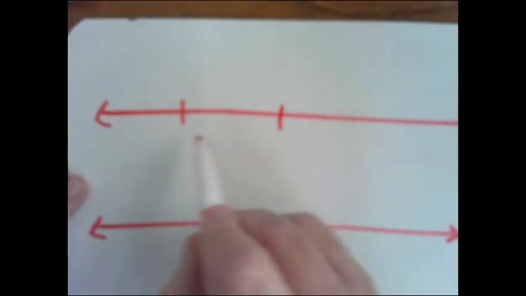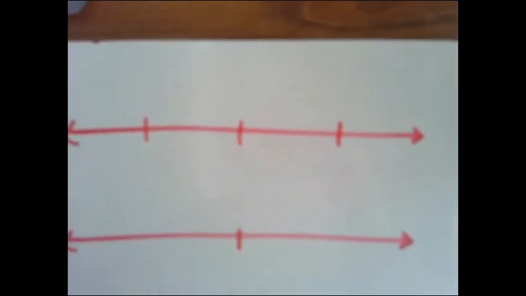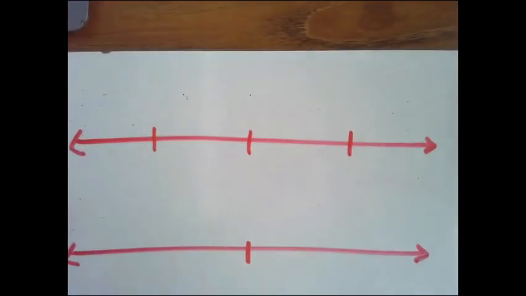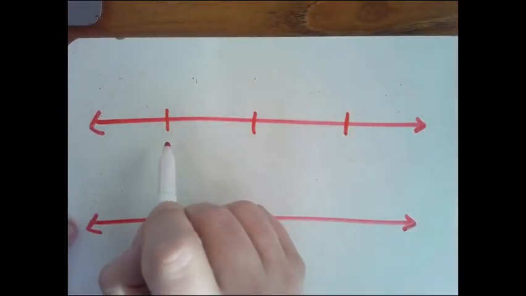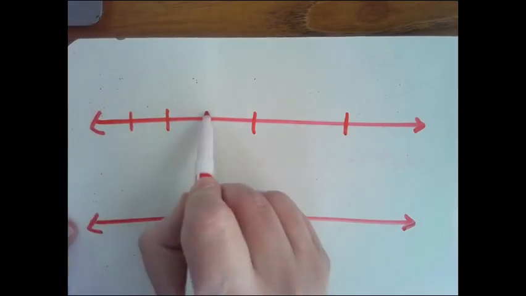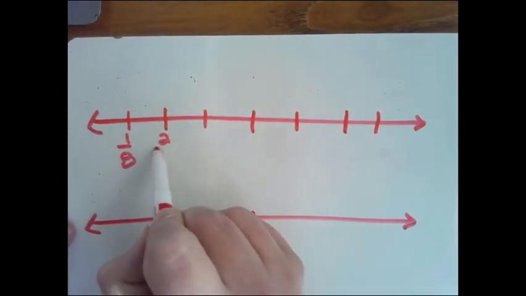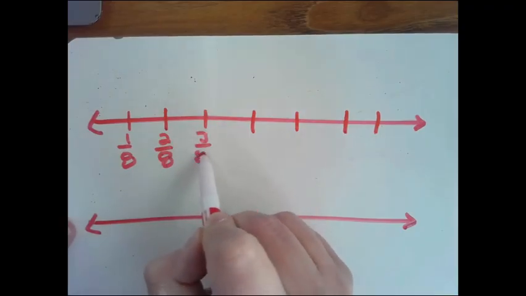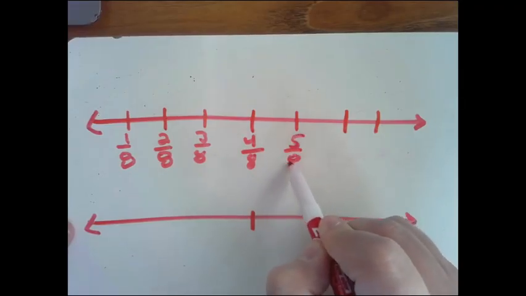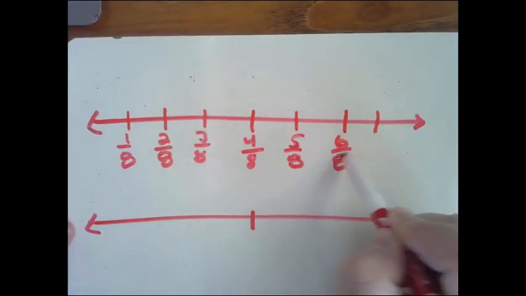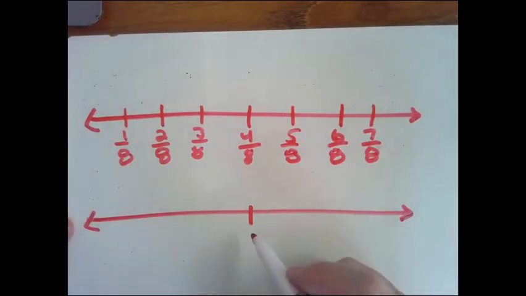When I cut it in half, I can cut it in half again and get 4ths, right? And then if I cut those 4ths in half again, I will get 8ths. So this is 1/8, 2/8, 3/8, 4/8, which is half, 5/8, 6/8, 7/8, okay?